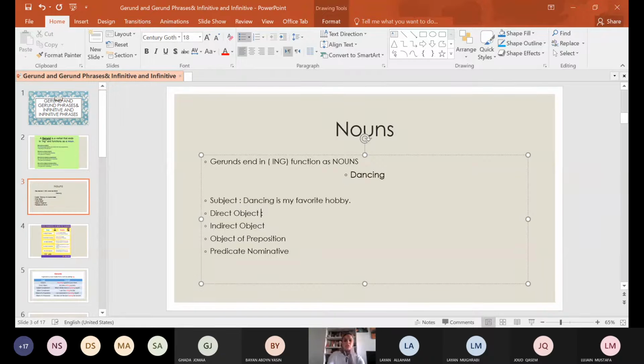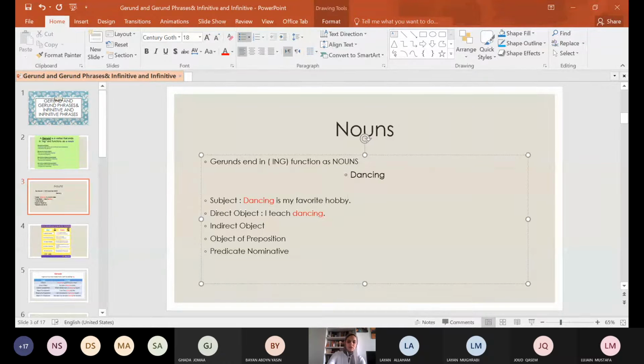Or I can use it as a direct object. A direct object comes after an action verb. I teach. I teach what? Dancing classes. Here, if I say classes, dancing would be an adjective to classes. So I teach dancing. I teach what? I teach dancing. Here I used it as a direct object.